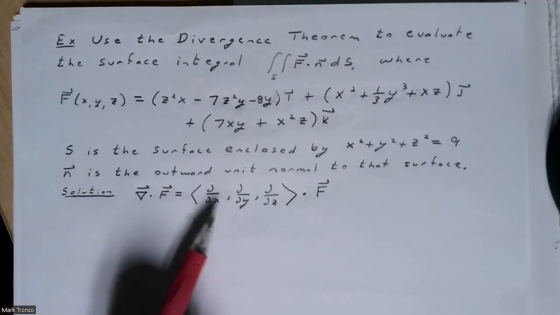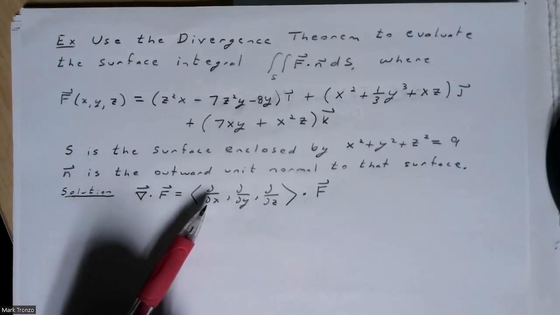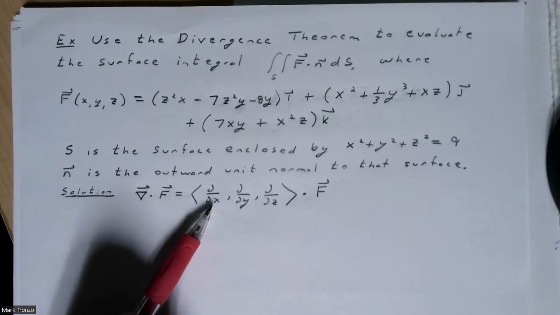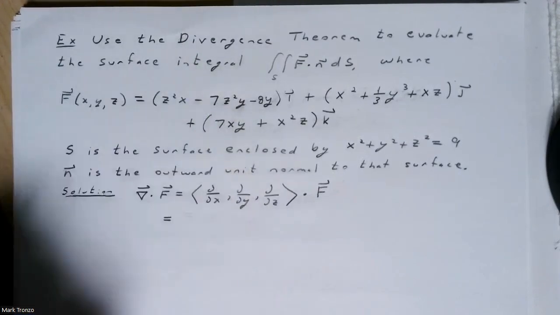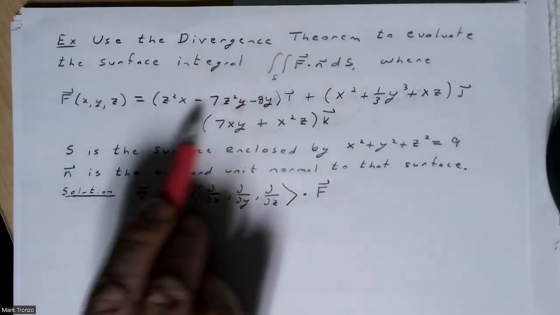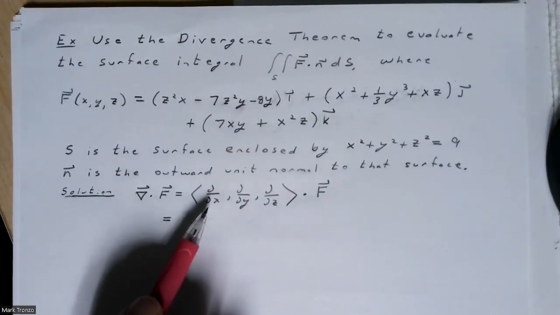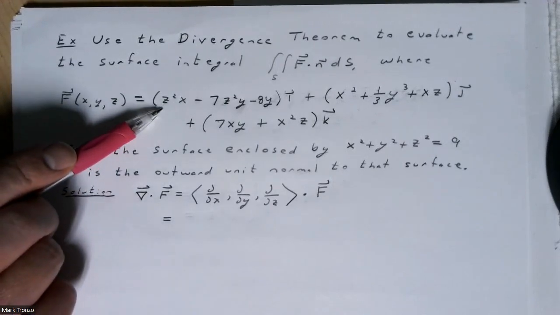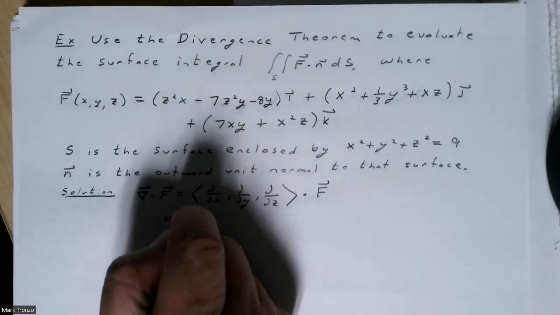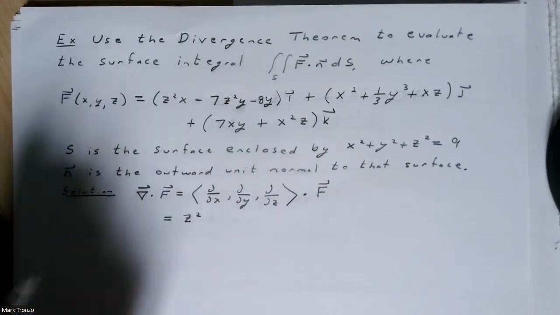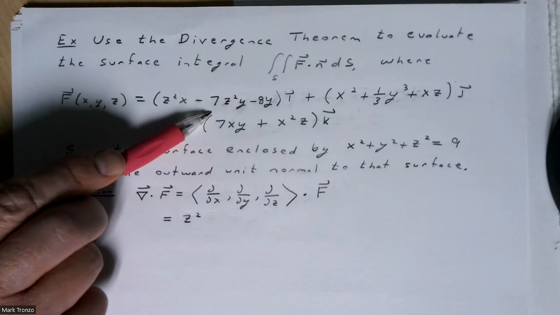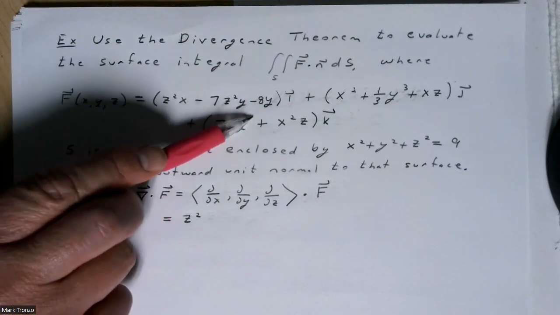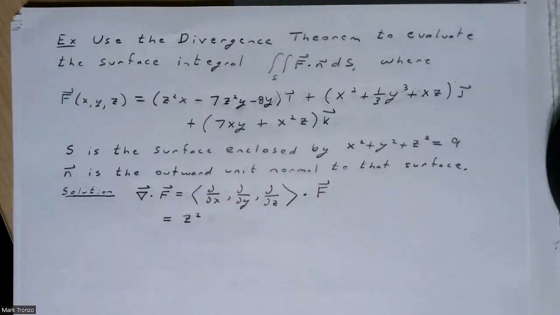And so let's do this dot product. So this is saying we're going to apply this to this term here. And when we take the derivative of this term with respect to x, that's going to leave us z squared plus 0, there's no x's here, plus 0, no x's here.